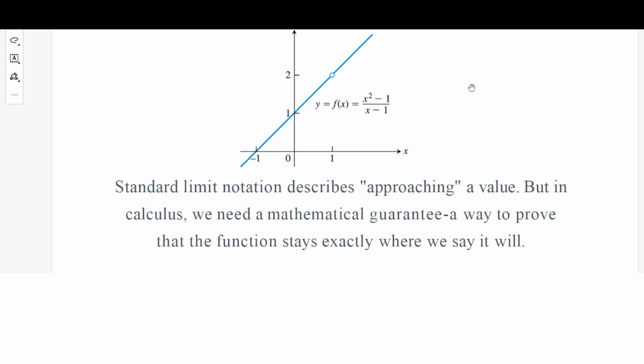But is there a way where we can guarantee mathematically that the limit of the function is 2 when x approaches 1? So this precise definition is going to answer that question, because in calculus we need a mathematically guaranteed way to prove that the function limit stays exactly where we say it will. Okay, so that's the whole point. We need precision.